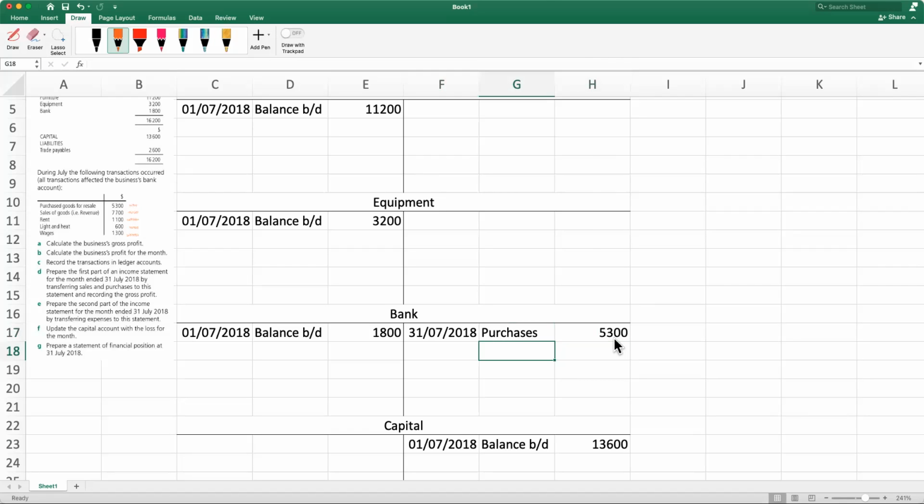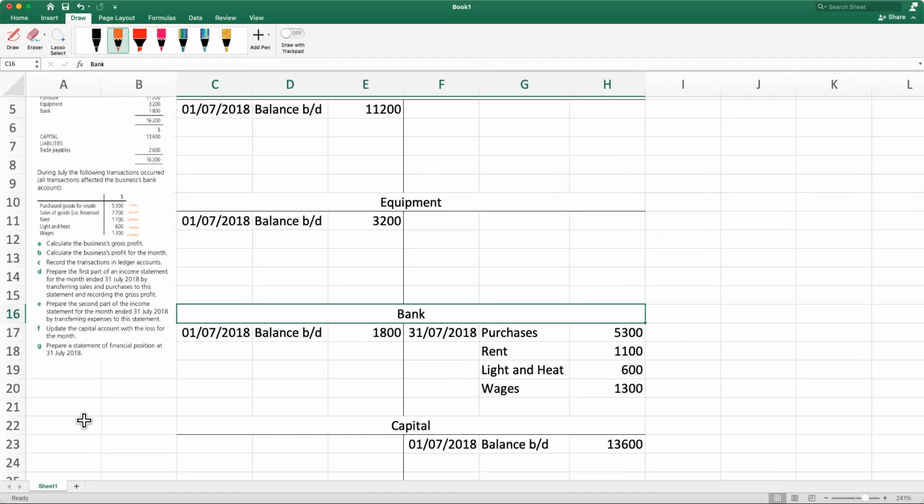You paid for rent 1,100. You paid for light and heat 600. You paid for wages 1,300.